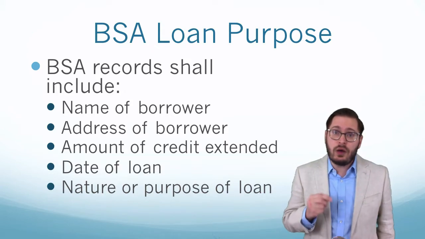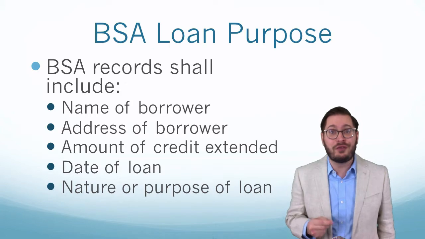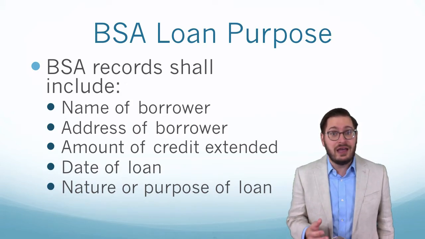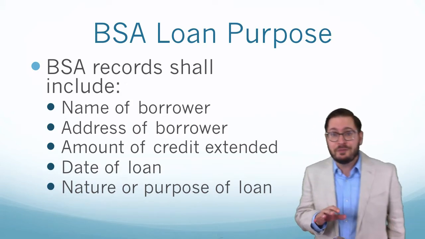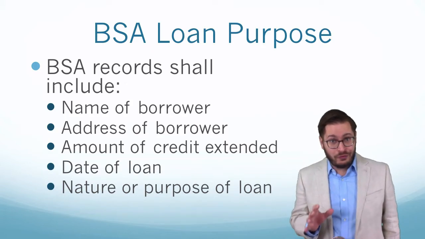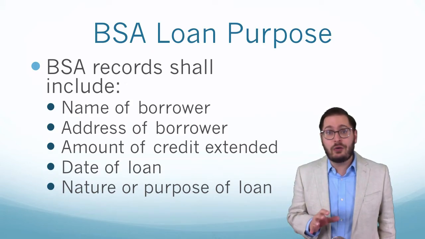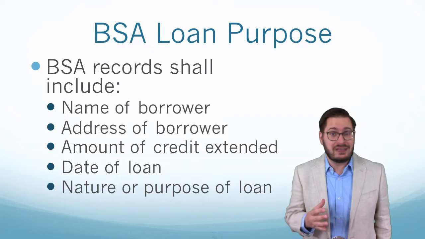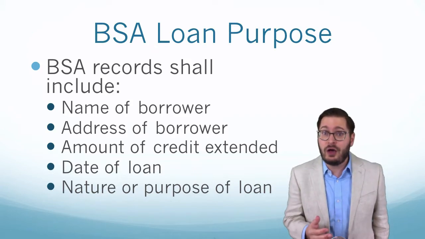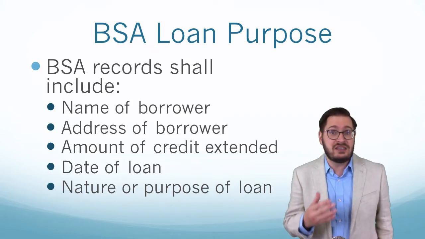So this is one reason why it's a good idea to require applications. Now, of course, under the lending rules, an application is only required for certain real estate mortgages, and it's not required for unsecured loans, auto loans, or CD secured loans.